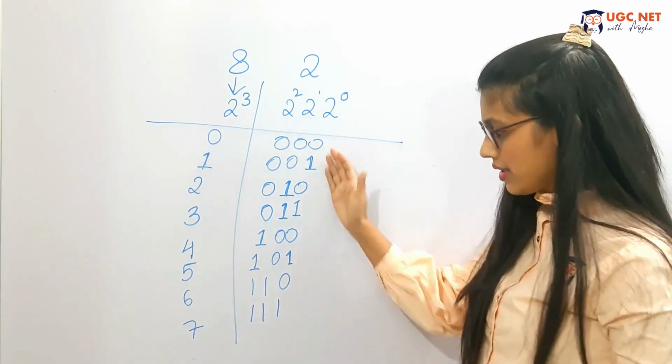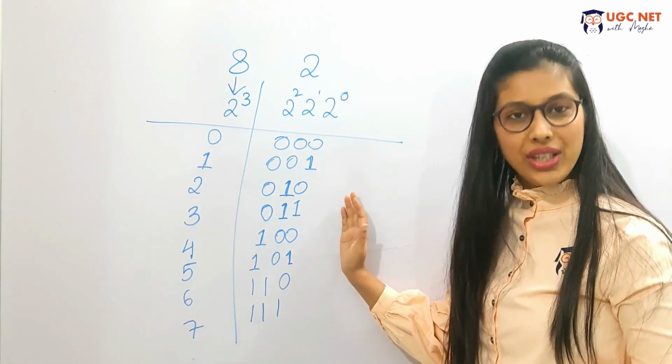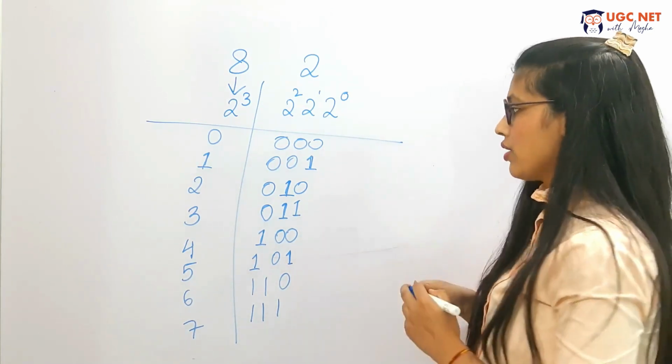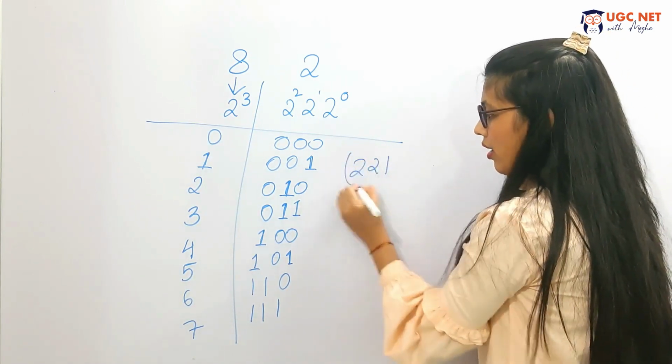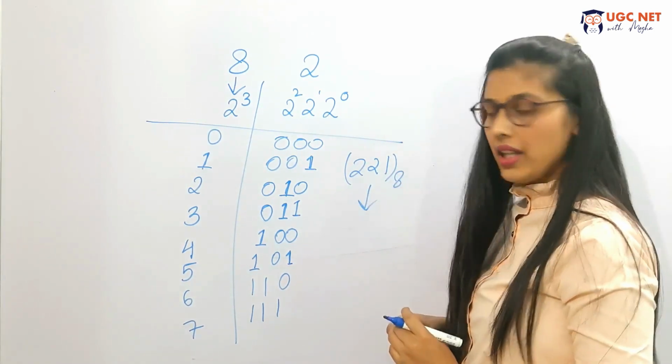Now this conversion we are going to use in order to convert a number given in the octal number system to binary number system. Let's take the example, like you are given 2 2 1 in octal number system, and how would you convert it to binary number system.